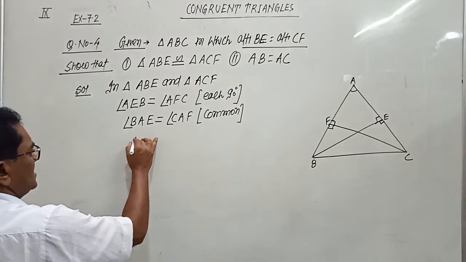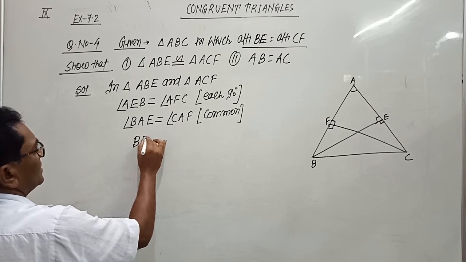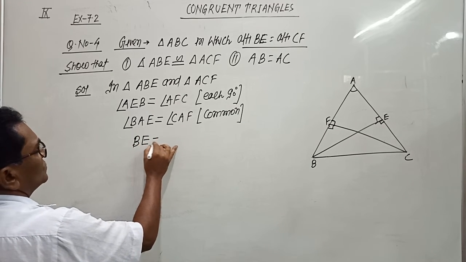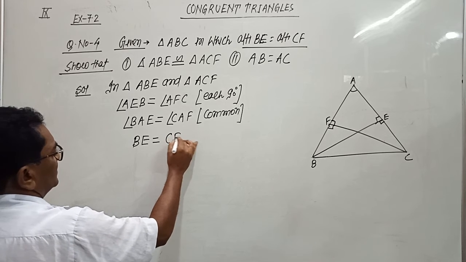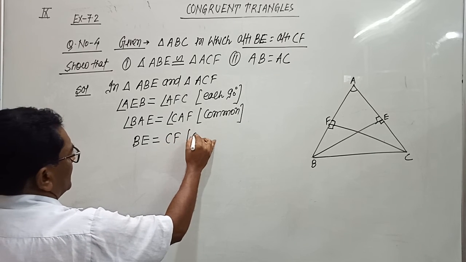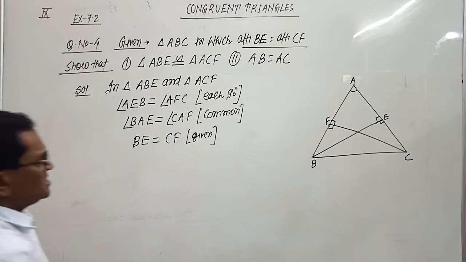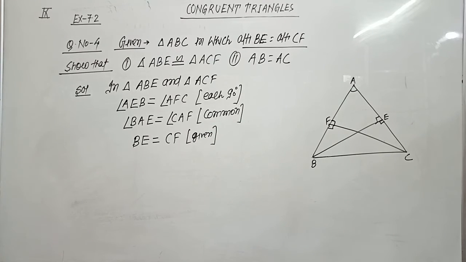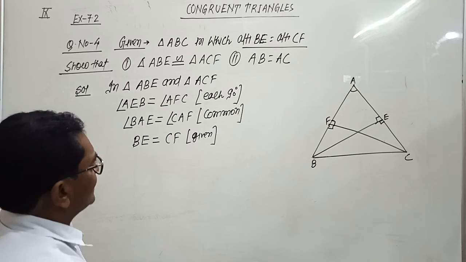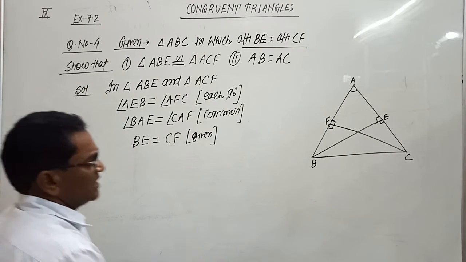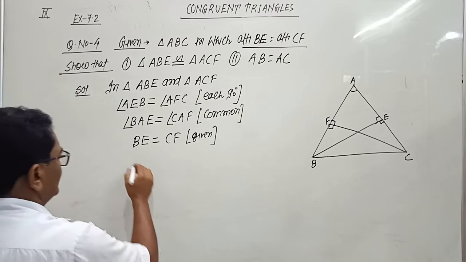So side BE equals side CF, the altitudes, which is given. So these two triangles become congruent by angle angle side.